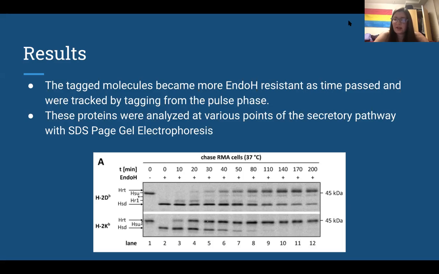Then they visualized these proteins using SDS-PAGE gel electrophoresis. So what we can see here is that as time goes on, new bands begin to appear. The reason this is happening is because as the proteins pass through the Golgi and become resistant to endo-H, they resist cleavage of their glycans. As a result, the molecular size is different, which is reflected by the varying bands.